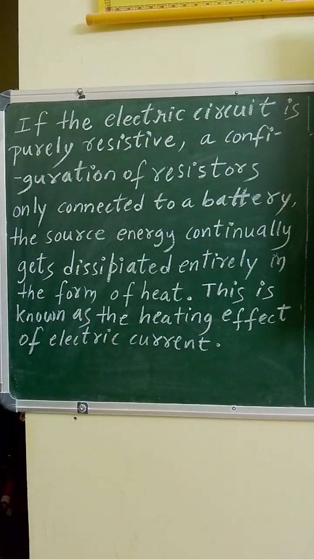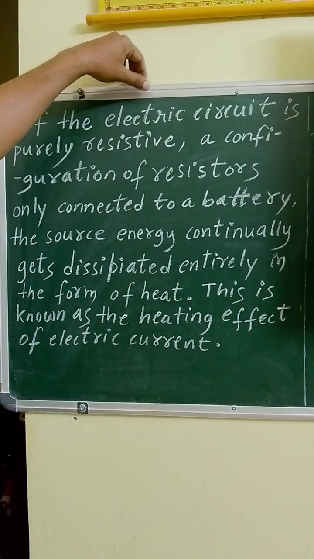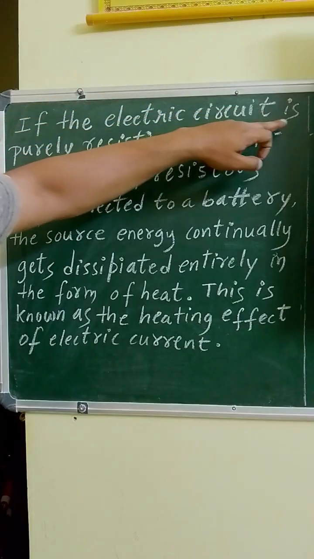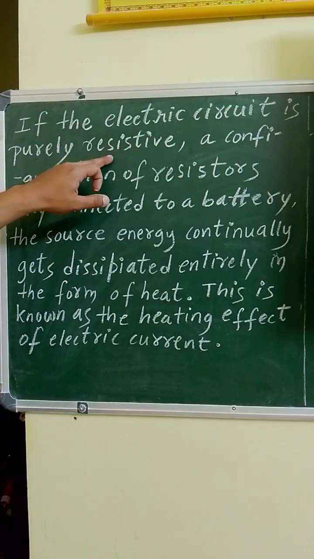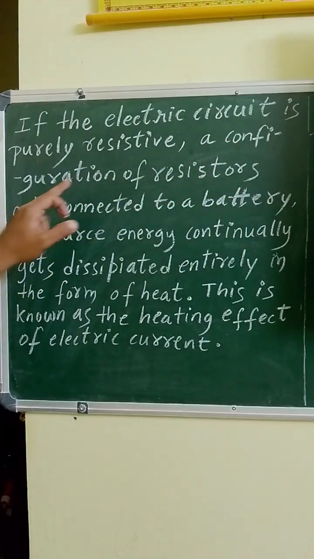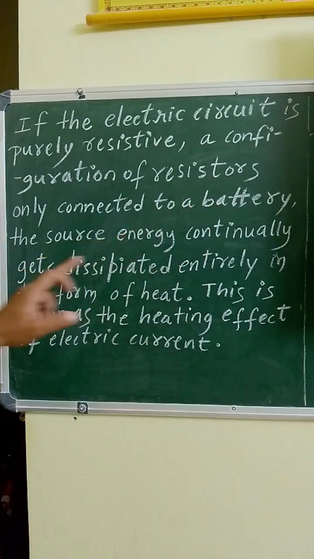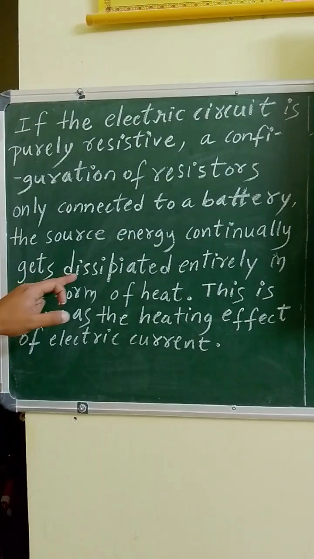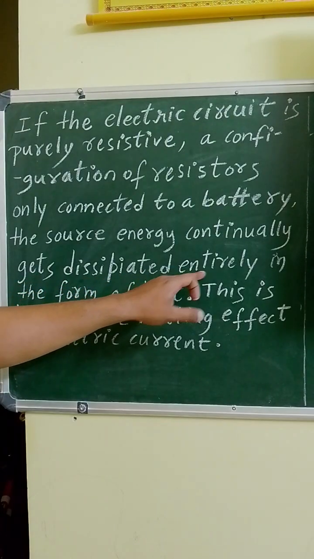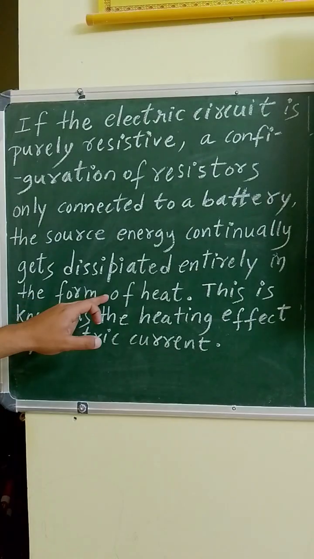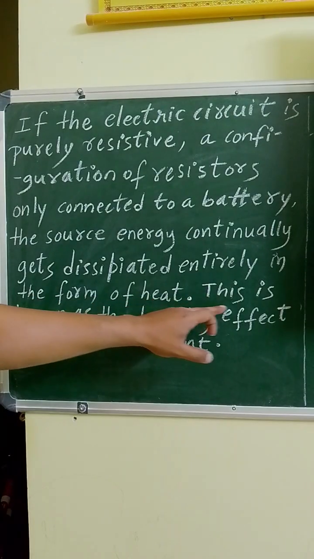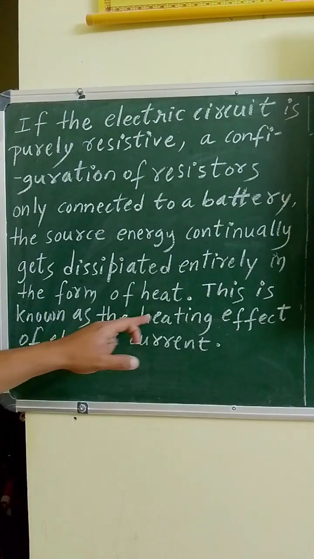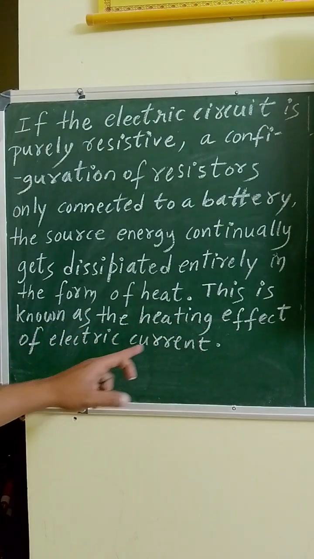See here, if the electric circuit is purely resistive, a configuration of resistors only connected to a battery, the source energy continually gets dissipated entirely in the form of heat. This is known as the heating effect of electric current.